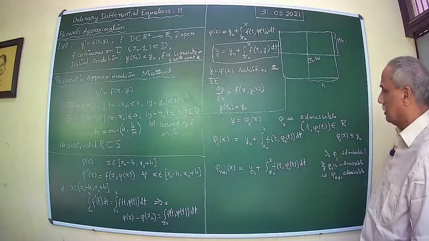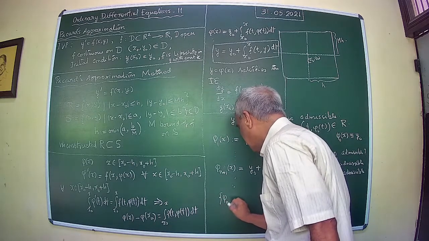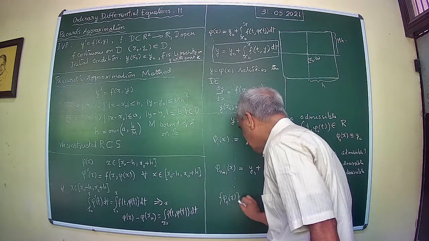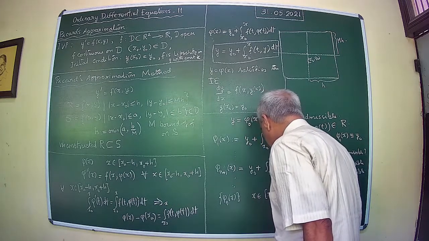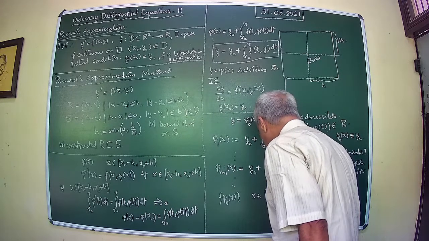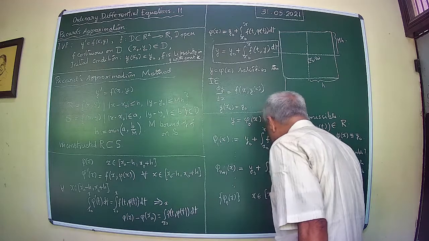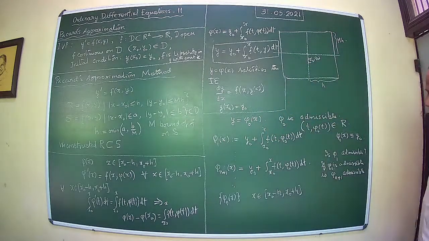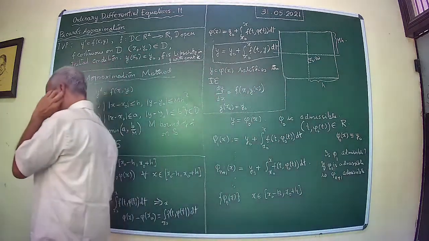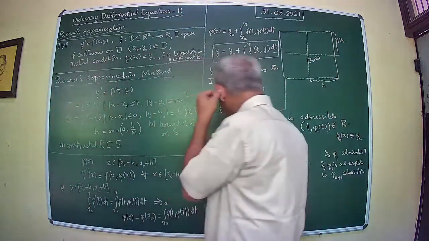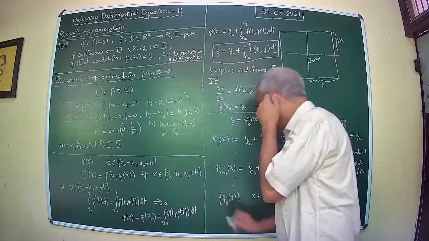Okay. Therefore, what you get? You would construct a sequence of functions phi n x which are continuous and solutions, okay, and also differentiable.